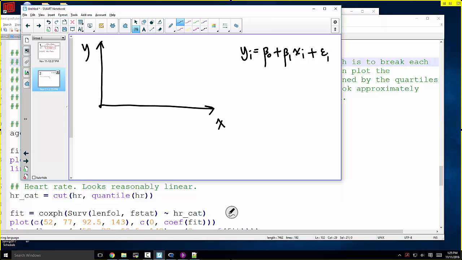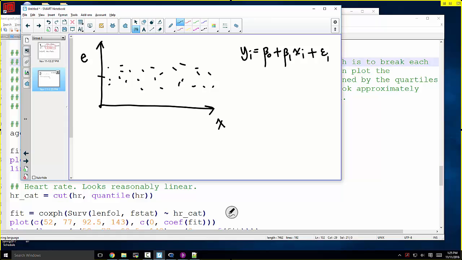One thing that we did in order to diagnose the model is we computed the residuals. And we drew a picture of the residuals versus the covariate. And we were asking of this picture, is there any evidence of non-flatness?